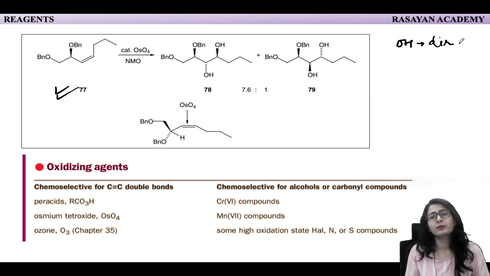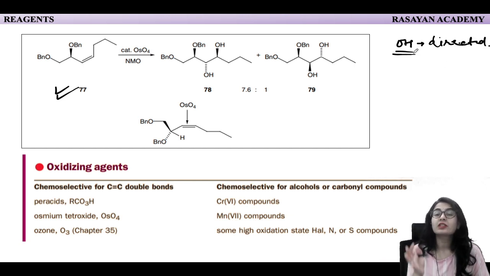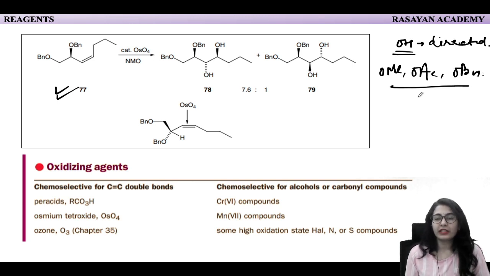It is possible to get the directed product in the presence of OH when we apply TMEDA. लेकिन इसके अलावा जो ये ग्रुप्स हैं OMe, OAc, OBn, all of these groups, even if you apply TMEDA, which is the agent for chelation, तब भी कोई direction नहीं होगा.